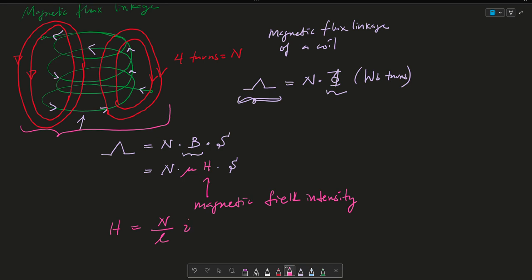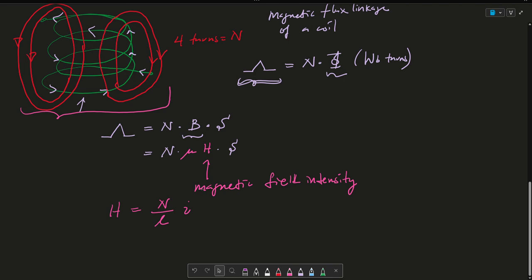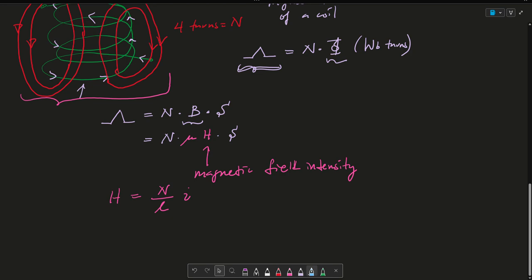All right. So let's put in what we know for H first, and then we could say that the magnetic flux linkage lambda is equal to the number of turns times this mu times N over L, or let me write mu actually with a different color since we haven't defined it yet.